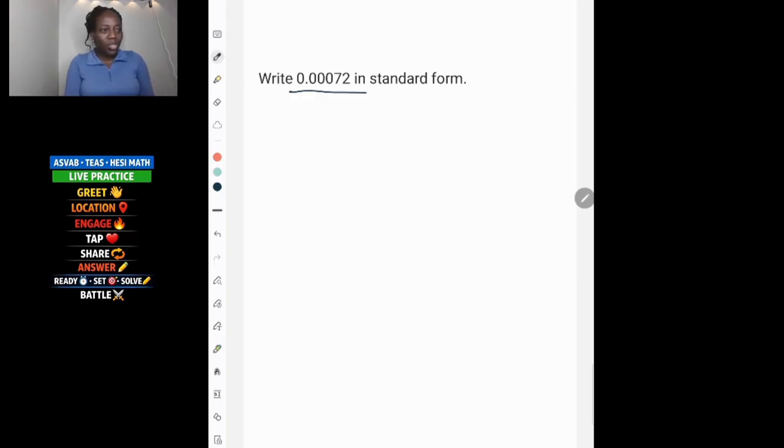To convert it to standard form, now that it's a decimal, you count from the decimal point. The other time that we did the one with a whole number, we started counting from the last digit, from the back. But now we have to start counting from the point towards the back.